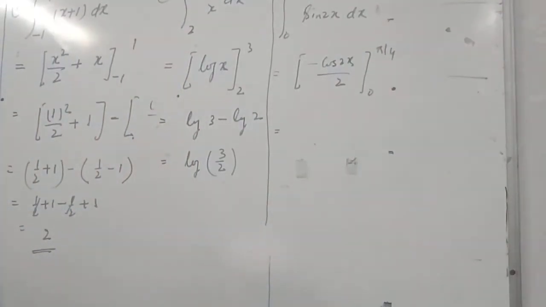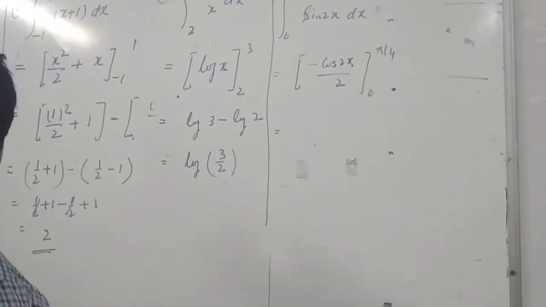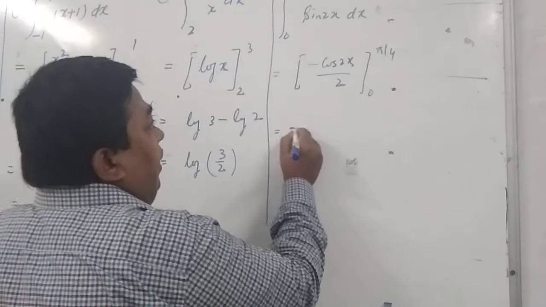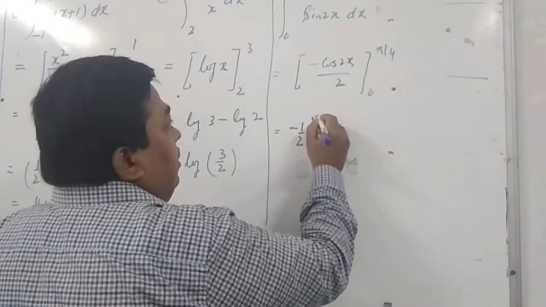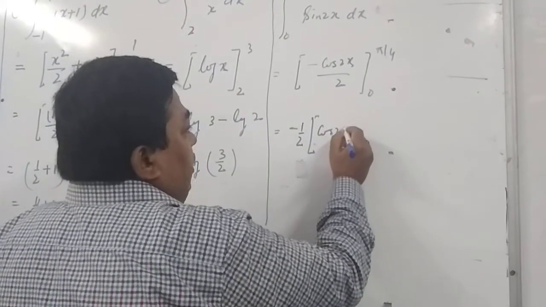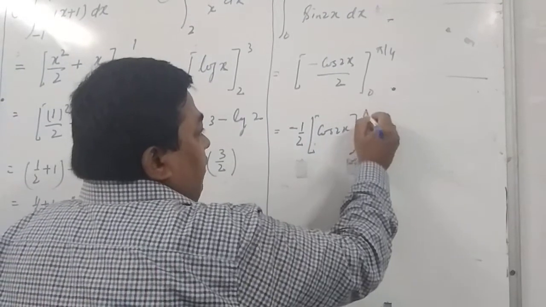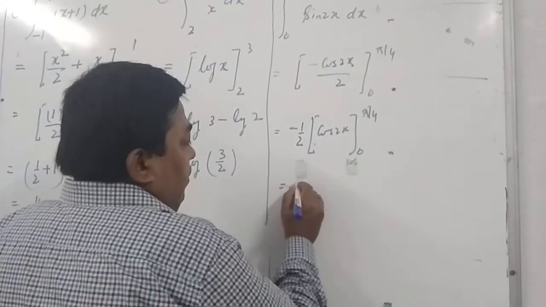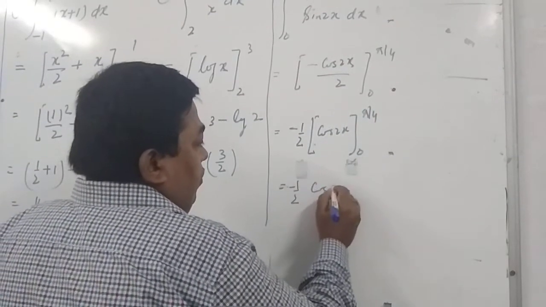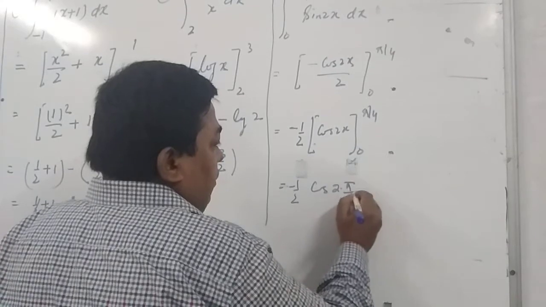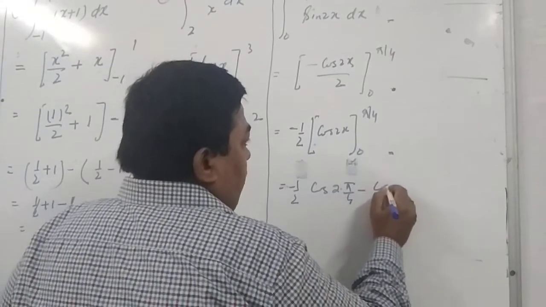The integration of sin 2x is minus cos 2x, divided by the derivative of 2x, which is 2. So minus 1 upon 2 cos 2x from 0 to pi by 4, which is minus 1 upon 2 times (cos 2 into pi by 4 minus cos 0).